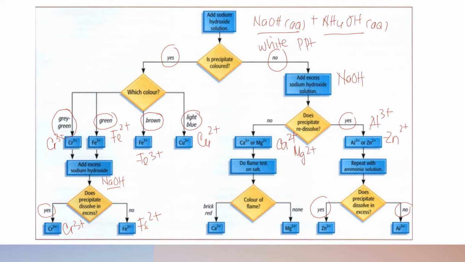To differentiate between Ca2+ and Mg2+ ion, we do the flame test. The color of Ca2+ is brick red, but the color of Mg2+ is like bleach color.